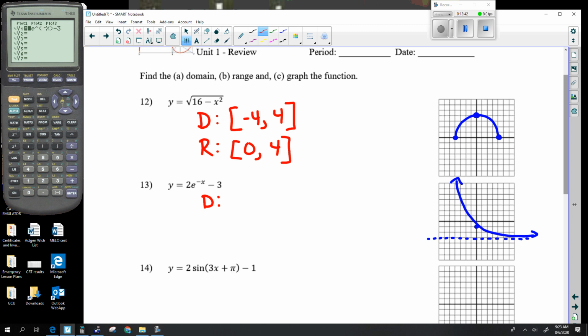For the exponential, the domain is negative infinity to infinity, it never stops. The range: the lowest it goes is negative 3. Notice how it never actually gets to negative 3. It's an asymptote. And then the upper bound is, there isn't one.